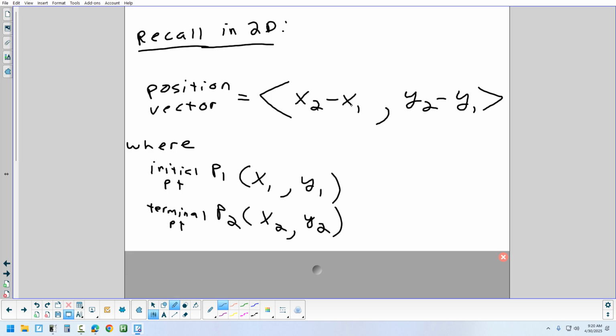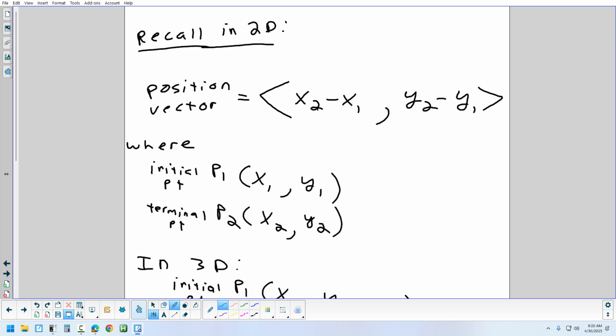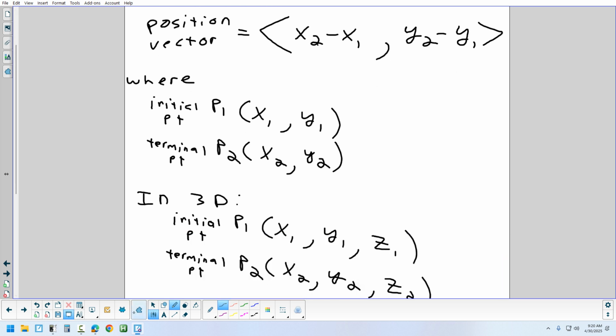All right, so now when we want to do that in 3D, instead of just giving you an x and a y for the terminal and initial, I'll give you an x, a y, and a z. And how do you think our formula is going to change to find a position vector in 3D? Yeah, it's going to be x2 minus x1, comma, y2 minus y1, comma, z2 minus z1.